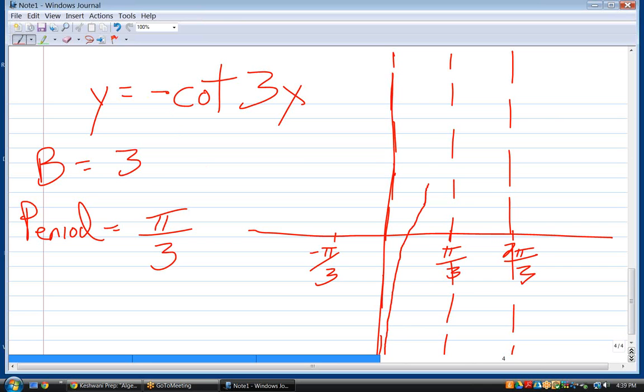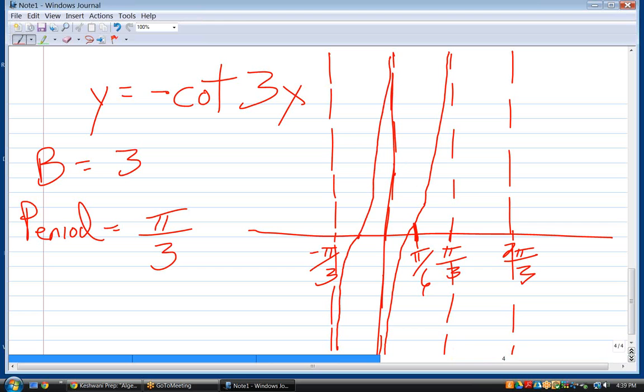It would have been always decreasing. This point right here is pi over 6, the halfway point between 0 and pi over 3. And then we draw another vertical asymptote on the other side of the y-axis. Obviously, it does the same thing. And in fact, there's 3 periods of it.